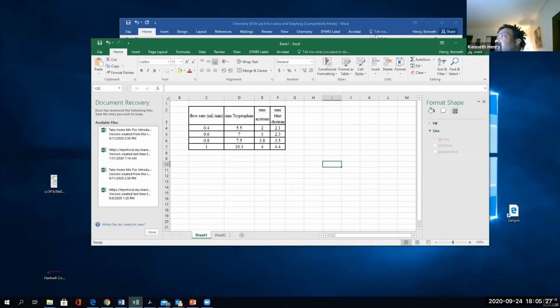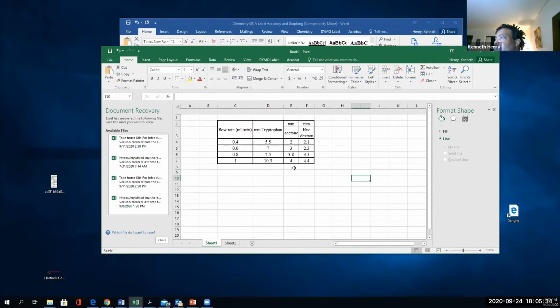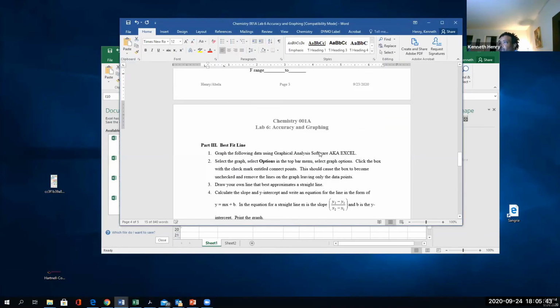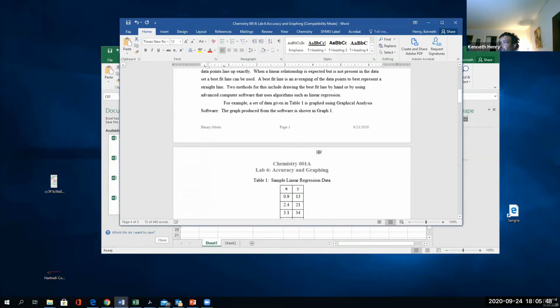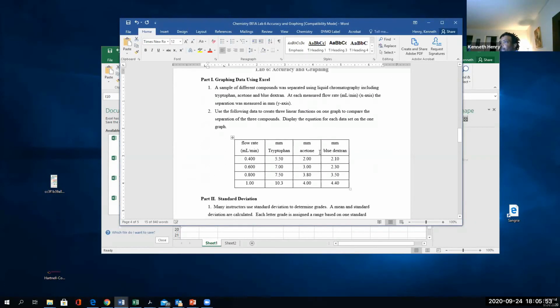Okay, can you guys see my screen? Yeah. So if we put our data into the table, like they have it on the first problem, part 1. Everybody has their data in their table? Yes.